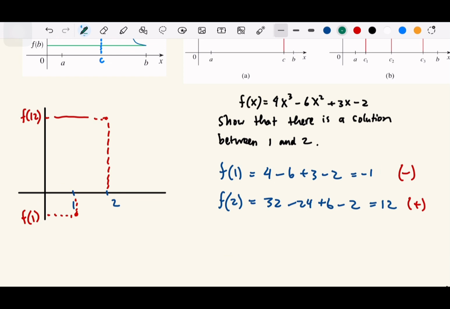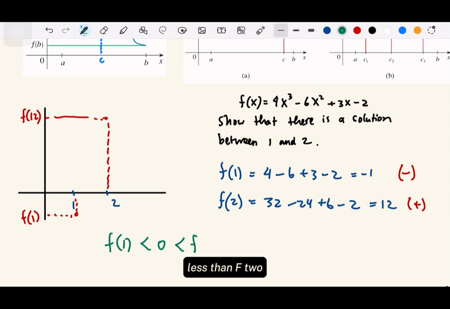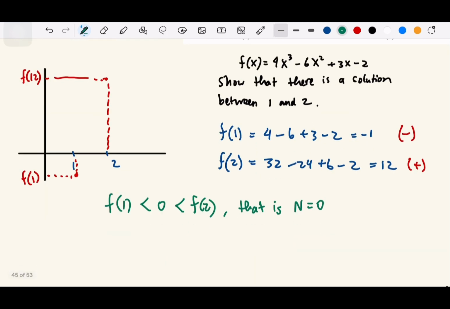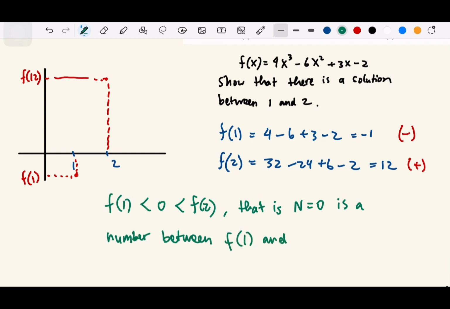So we can write that f of 1 is less than 0, less than f of 2. That is, we can say N equals 0 is a number between f of 1 and f of 2.